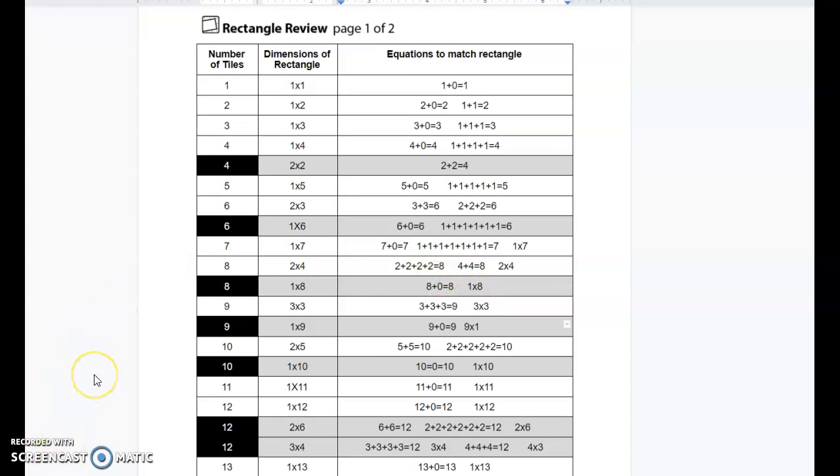And for our last 2 rectangles with 9 tiles, you could have written 3 plus 3 plus 3 equals 9 for our 3 by 3 rectangle, or 3 times 3. We see 3 rows of 3, or 9 plus 0 equals 9 for our 1 by 9 rectangle, because we have that row of 9 and then no more, or 9 times 1 for our 1 row of 9.